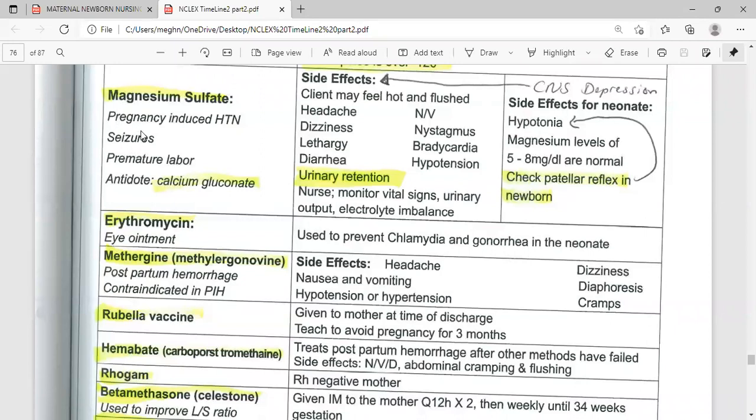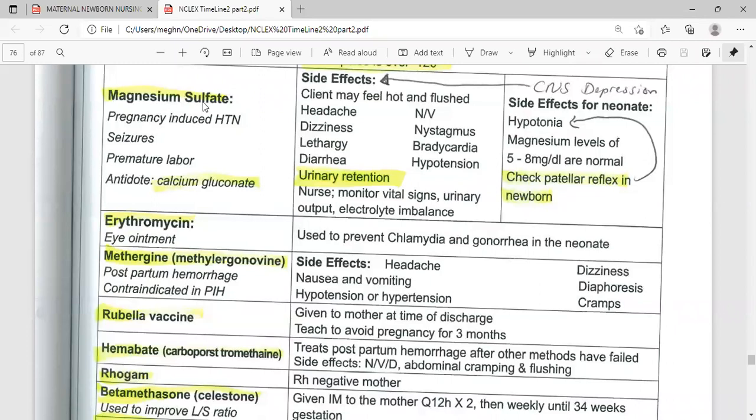So if mother has high blood pressure with seizure or convulsion, right? It is maternal hypertension and eclampsia because of seizure, high blood pressure, and convulsion or seizure, eclampsia.